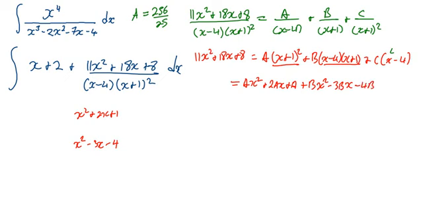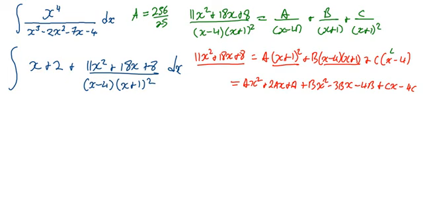Then we're going to have plus cx - 4c. Of course, this is equal to our 11x^2 + 18x + 8. So at this point, I'm looking for my b and my c.